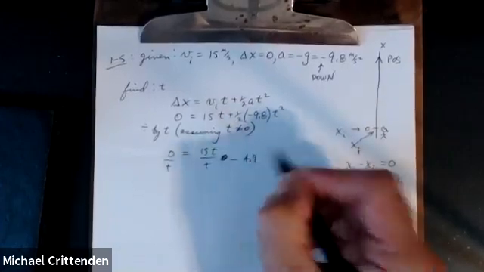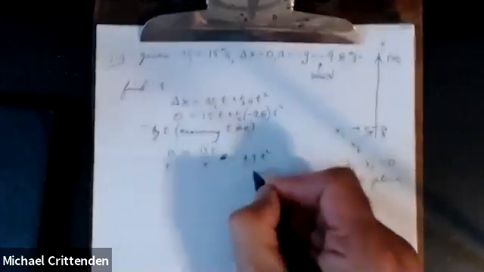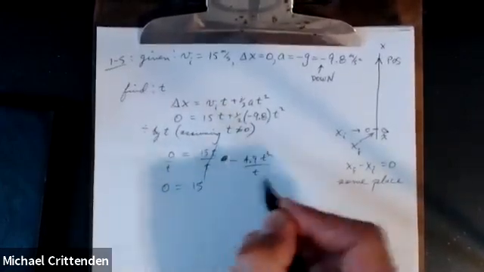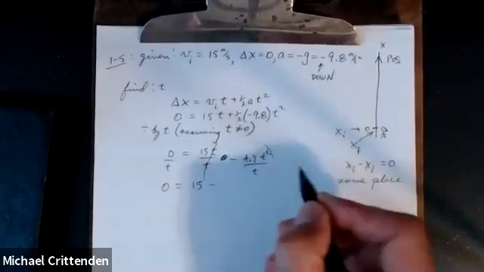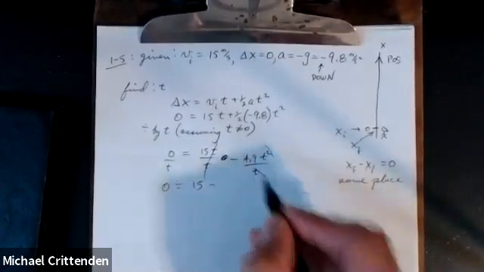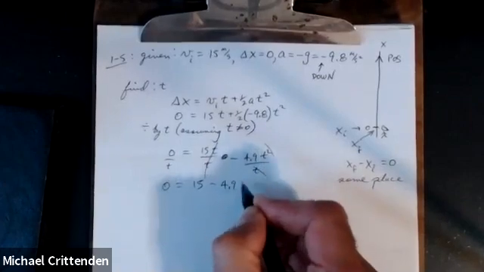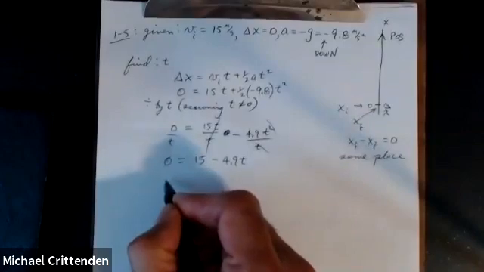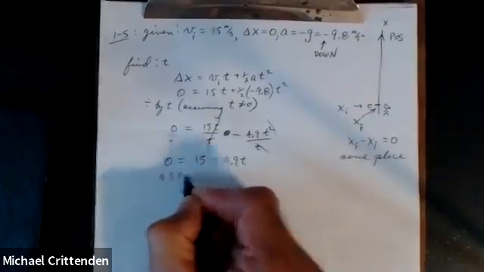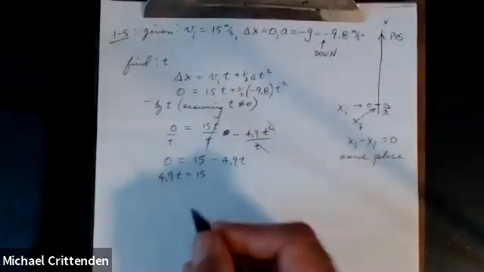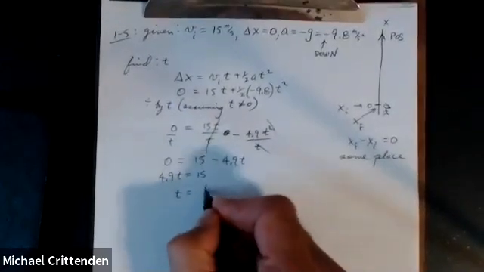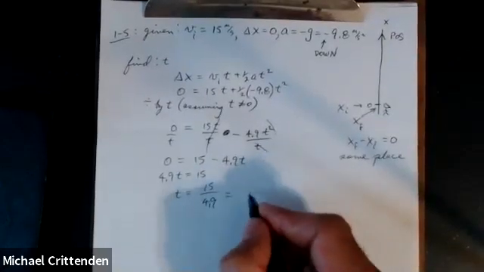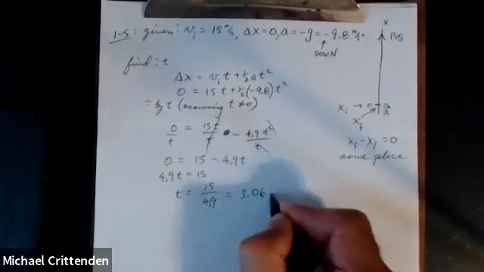Half of 9.8 is 4.9. T squared over t. So 0 over t is 0. These t's cancel out, so you've got a 15. One of those t's gets canceled by the one under it. No, that's not so bad. Add that to both sides. Divide. 15 divided by 4.9, 3.06 seconds.